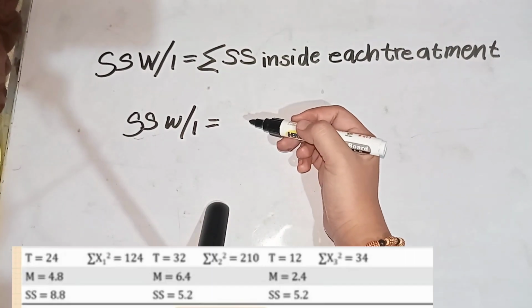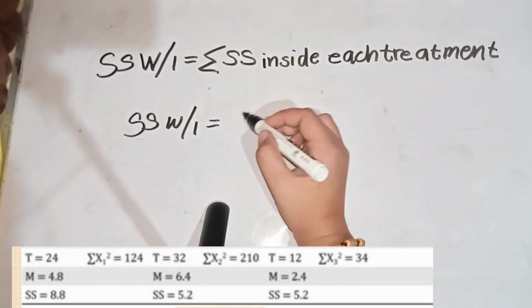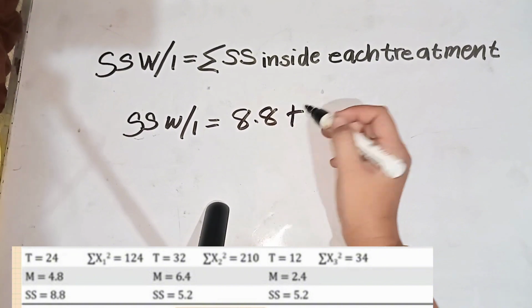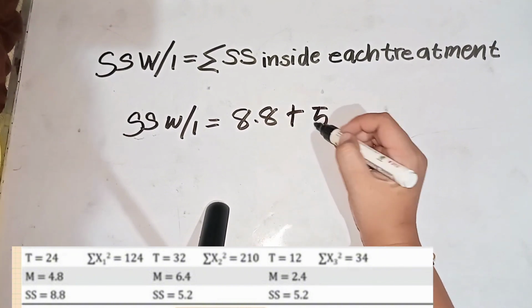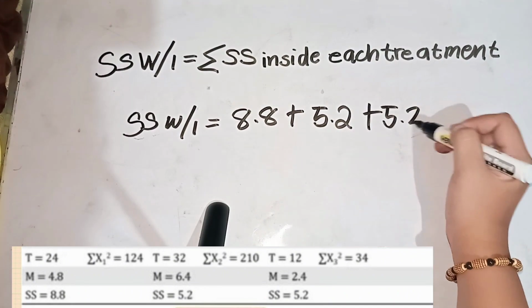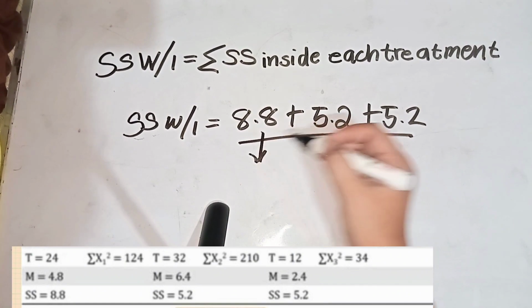So, atong kuha ani kay 8.8 plus 5.2 plus 5.2.